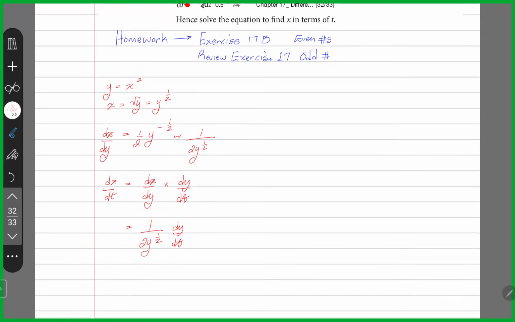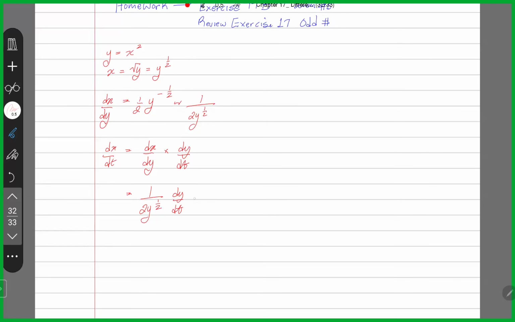So this is 1/2 y to the minus a half dy by dt. Now let's get d2x by dt squared.